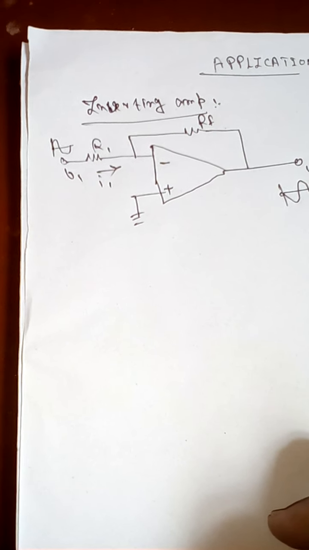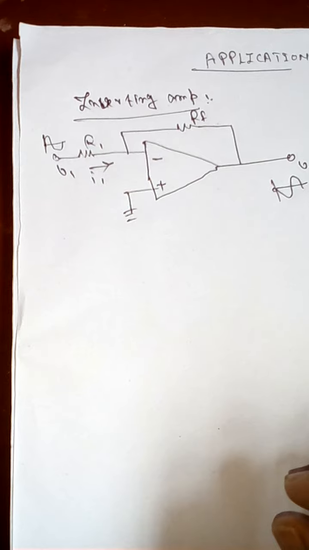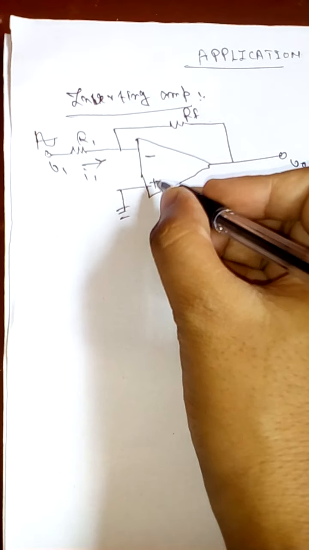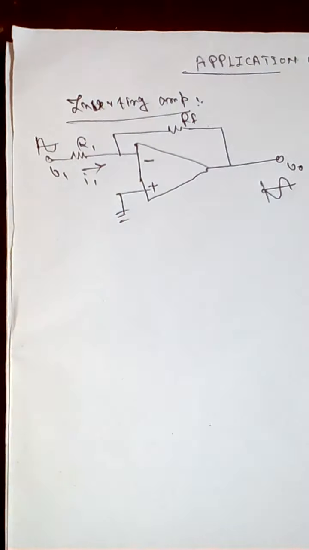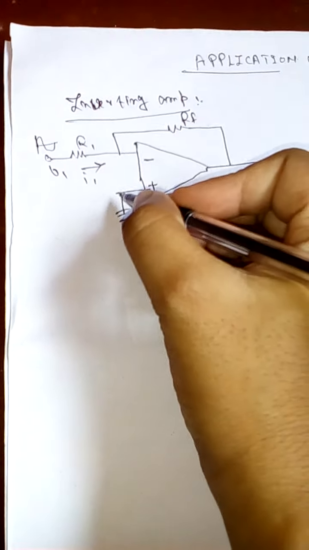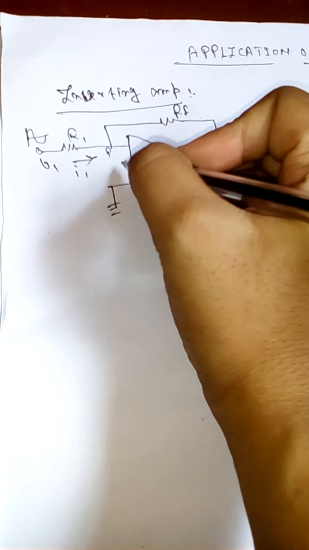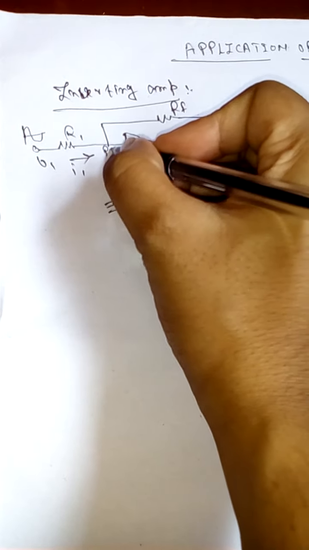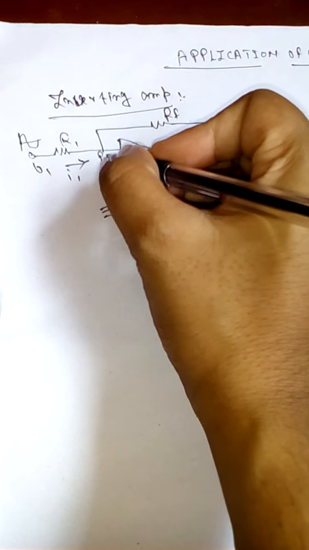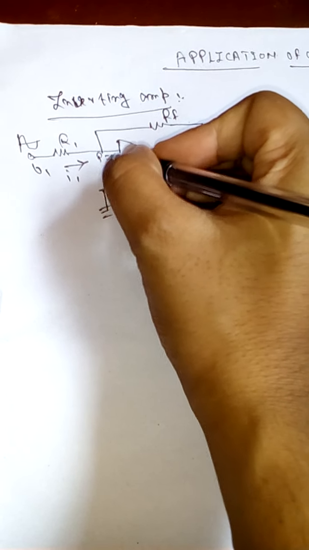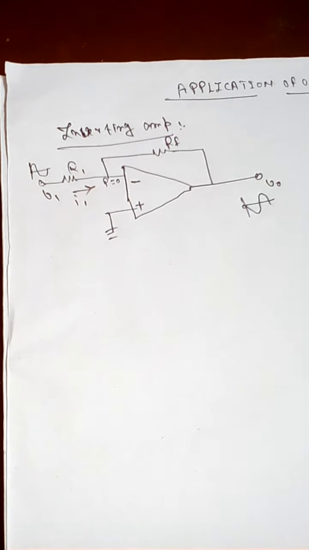The non-inverting terminal is grounded, so the voltage at this point, suppose this is point P, is 0. This is the virtual ground.